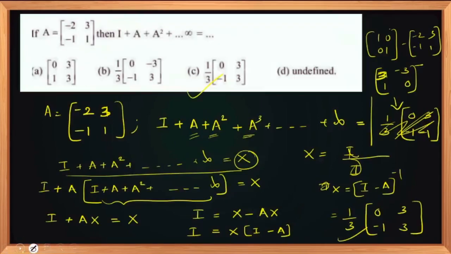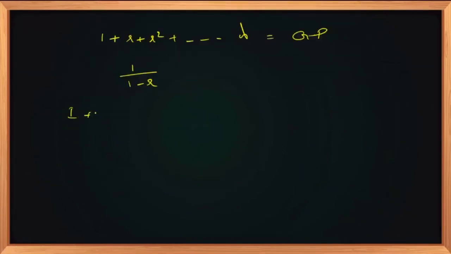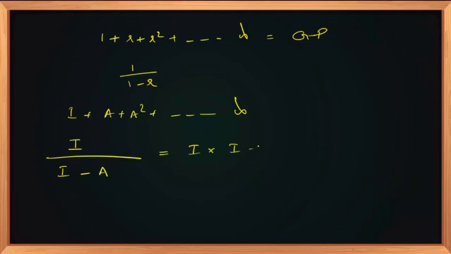That is the same thing we are doing here. So I plus A square plus etc. up to infinity, if this is converging, then I can say that is I divided by, with 1 replaced by I in matrix, I minus A. So that is I into I minus A whole to the power minus 1. That is the algebra behind it.